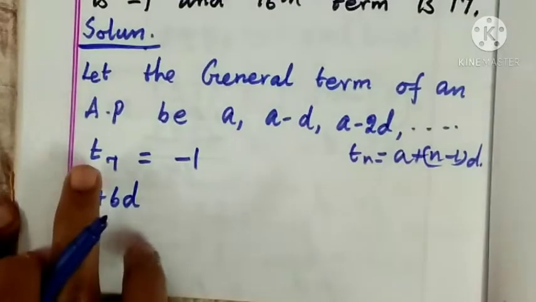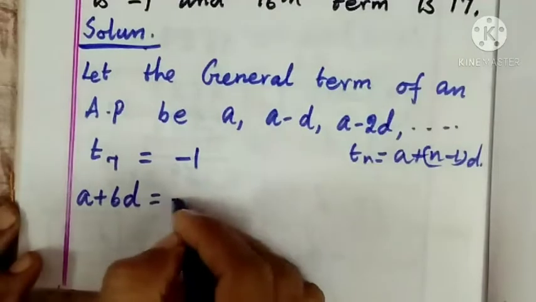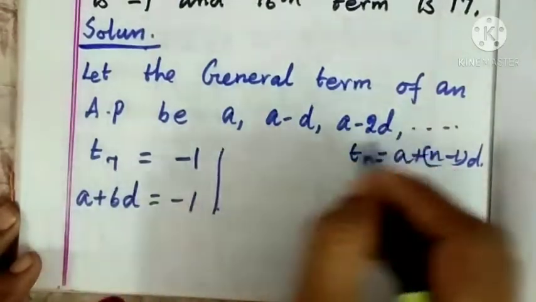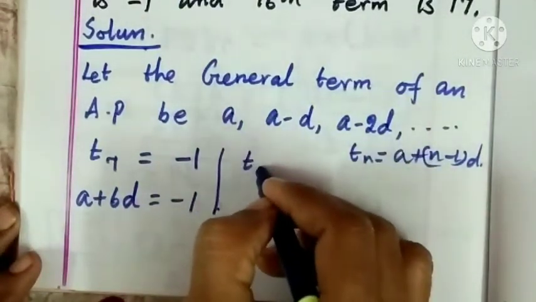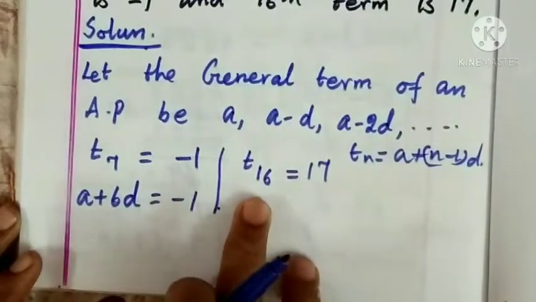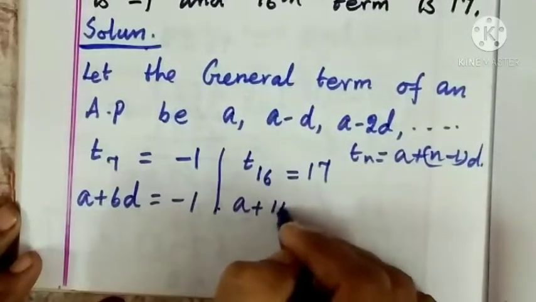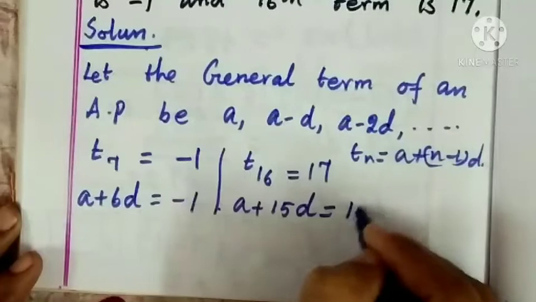Therefore, the general term of T7 is A plus 6D is equal to minus 1. Then next given T16 is equal to 17. Then here the general term is A plus 15D is equal to 17.